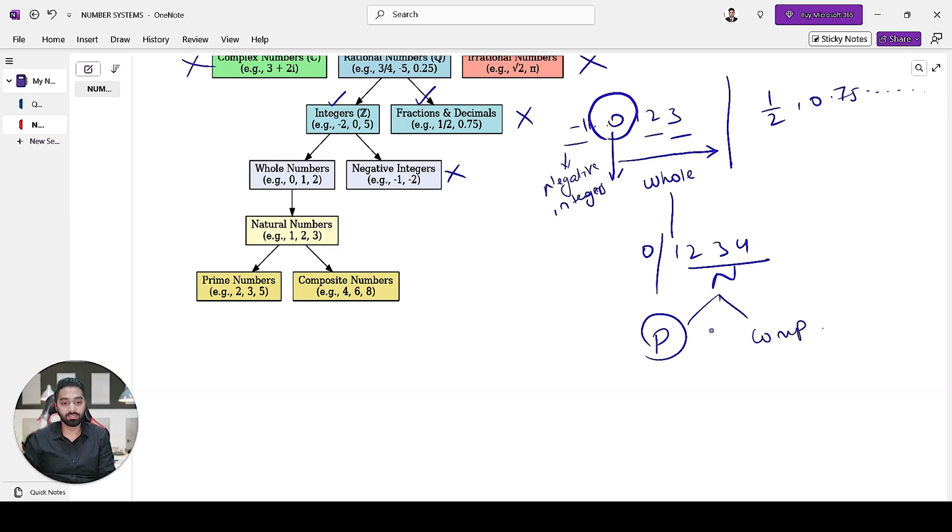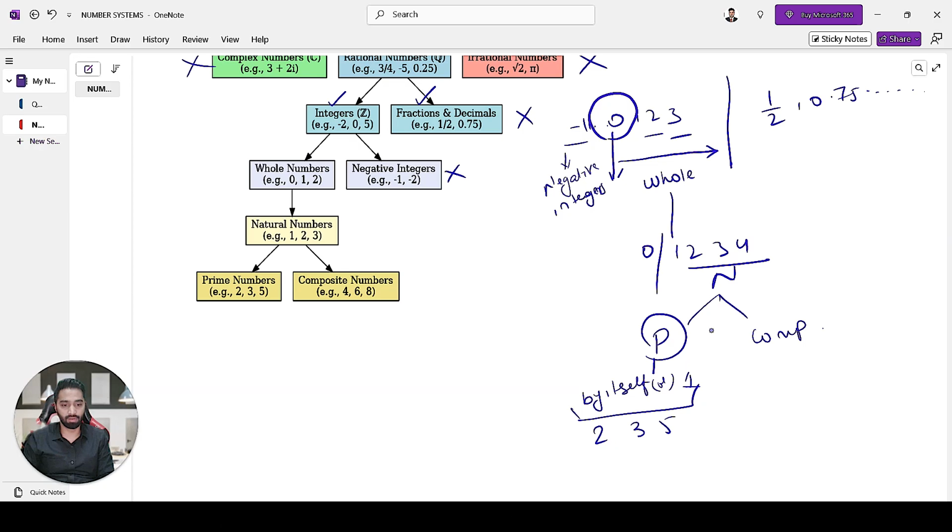Okay, prime numbers are the ones which can be divided by itself or 1, which means, let me write it down. So prime numbers are the ones which can be divided by itself or 1. So basically they can get divided by only itself.